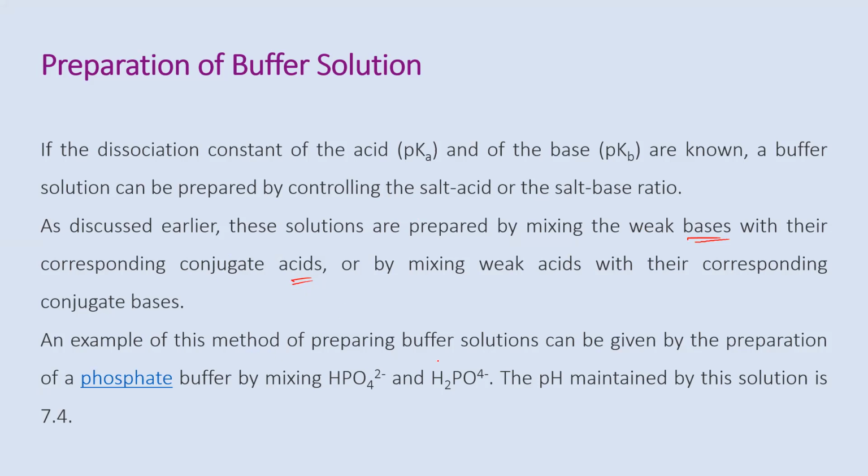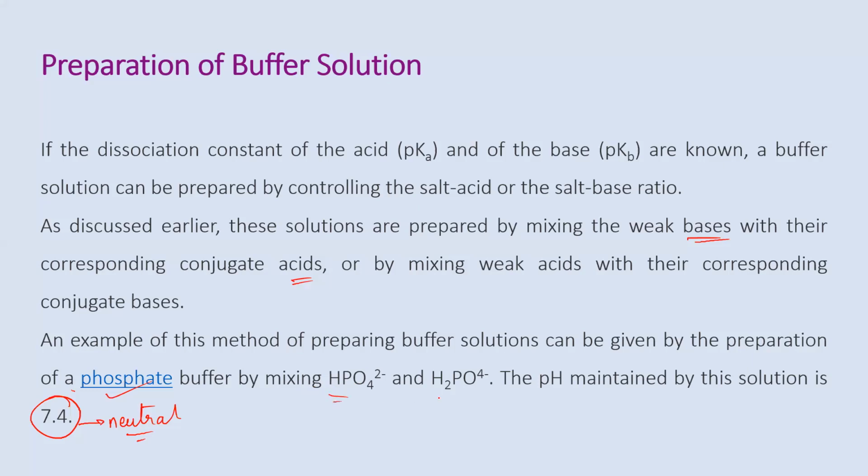For example, now phosphate buffer. Phosphate buffer is a very commonly used buffer. Why? Because it is at neutral pH, and most of the biomolecules are stable at a neutral pH. So phosphate buffer is very routinely made in the laboratories. So here, what are the mixtures?